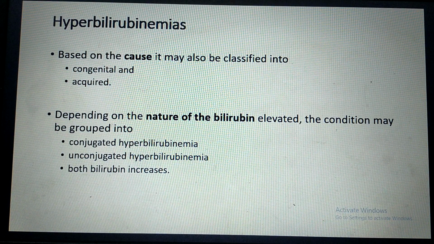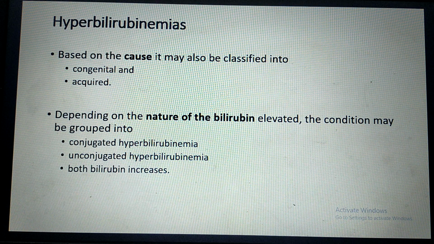Hyperbilirubinemia or jaundice, these two words are mutually used. Based on causes, hyperbilirubinemia is of two types, congenital and acquired.